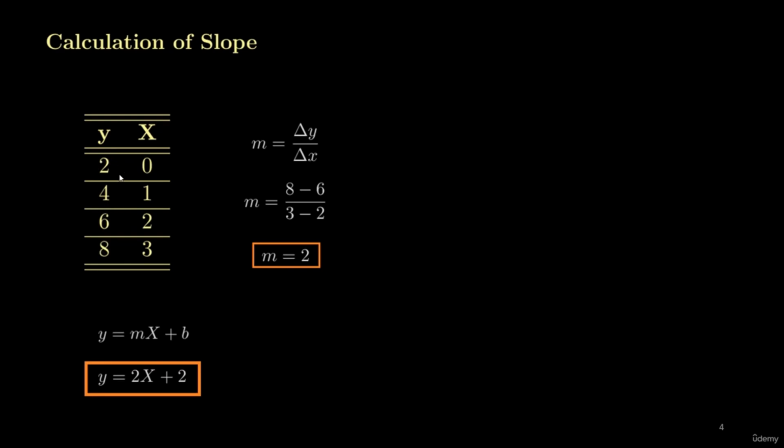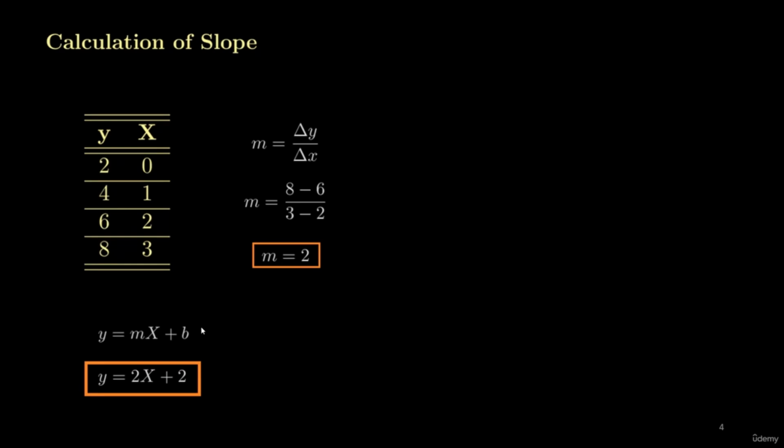I can use 2 and 4, 4 and 6, or 6 and 8. Let's use the last 2 values of y. If I subtract 6 from 8 to find the change in y, and 2 from 3 to find the change in x, the ratio will give me a value of 2. So the slope is also 2.